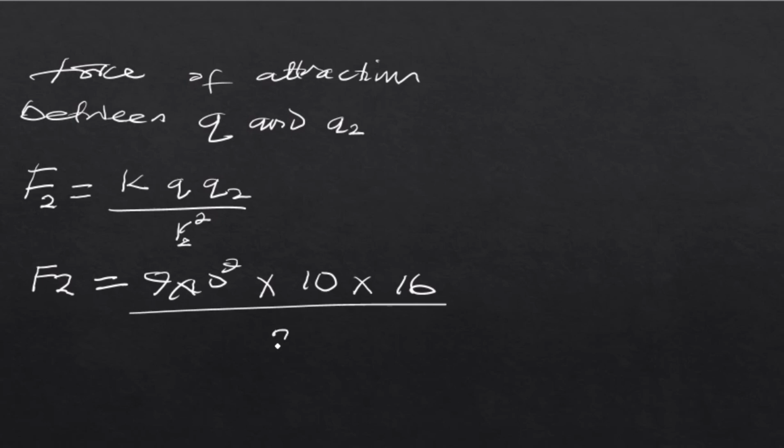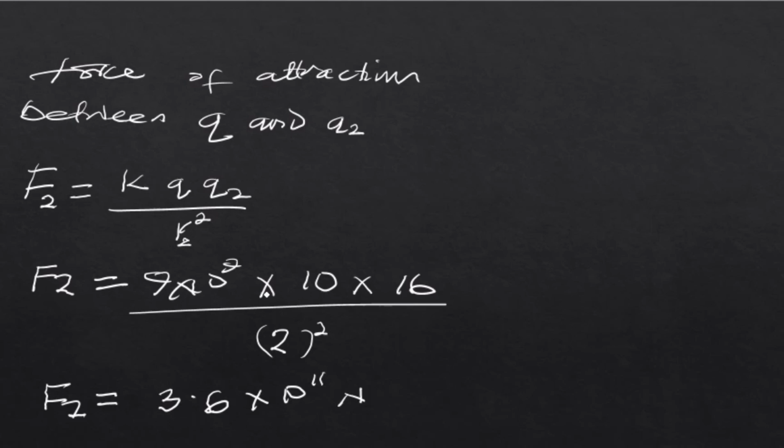So we have 2 squared. If you evaluate F2 completely, you are supposed to have F2 to be 3.6 times 10 raised to the power of 11 Newton.